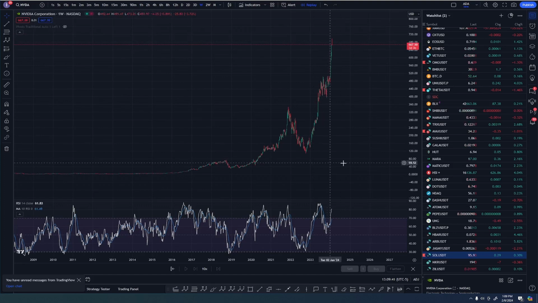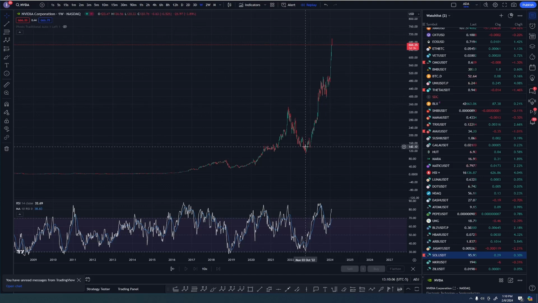Nvidia is way overbought. Its price movement is impulsive and it's fine, but it can't be sustained. Impulses like you see on the screen are followed by sustained longer-term corrections that take time in the market.